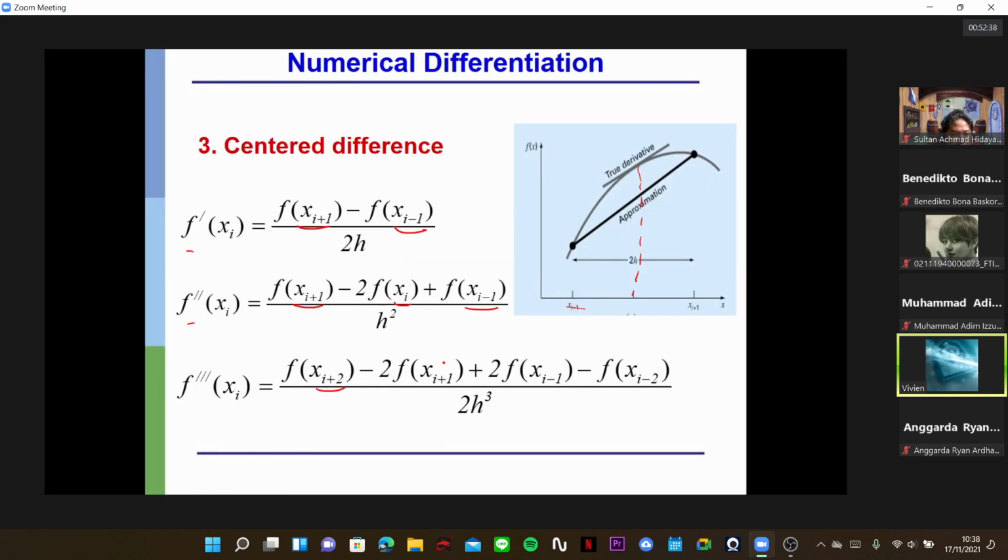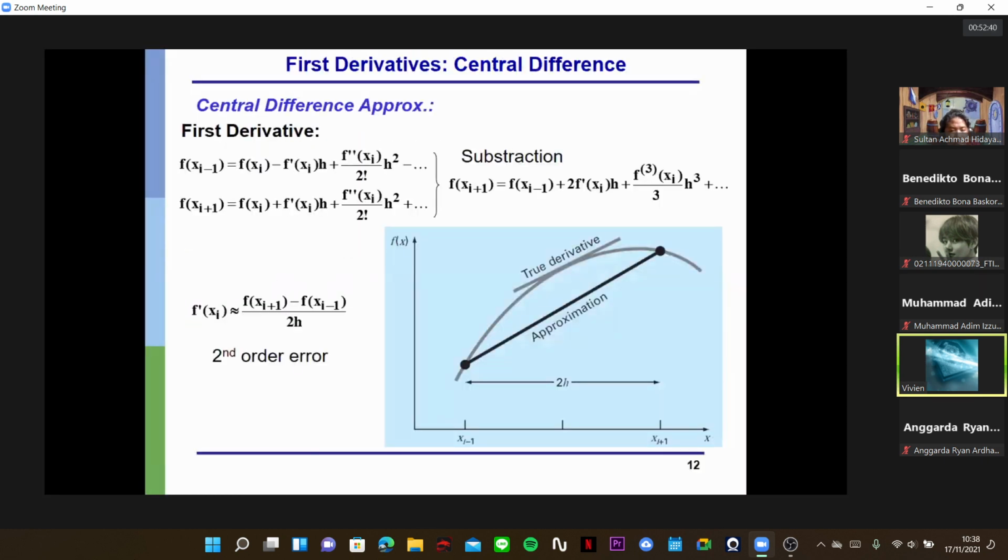And how is the derivation? We can find the steps to get this formula by combining the two equations, the Taylor expansion backward and forward. We combine them together, we do subtraction, so that we have the result here, which is of order h squared.